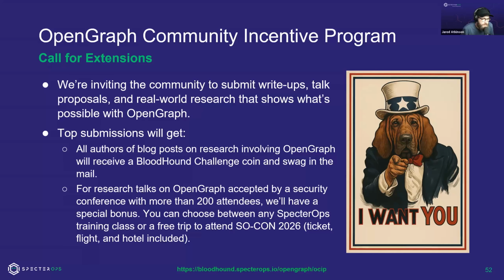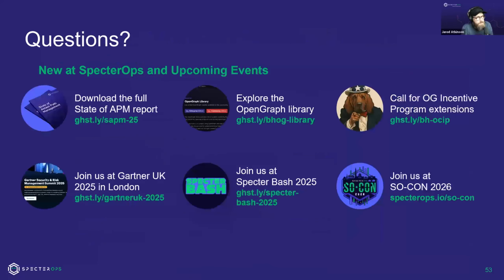That would be a ticket to the event, a flight, and a hotel to attend the event and potentially even present on their research and their Open Graph extension. So we're really hoping to get the community involved and build this out to where we're sharing that capability with the overarching community, so other people can understand the risk posed by the interconnectedness of all these different platforms.